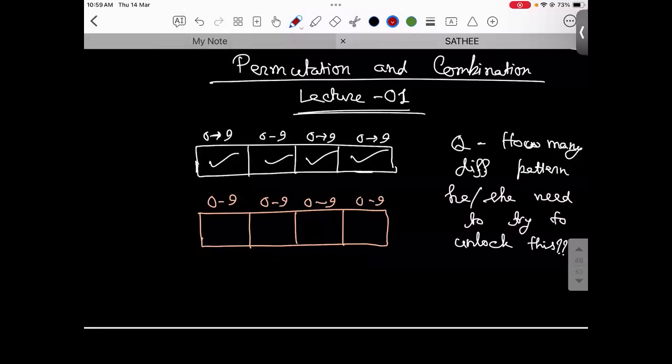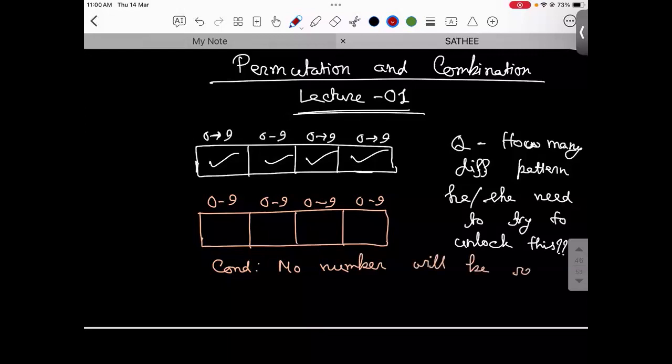Now here there is a condition: no number will be repeated. Now here you can see that I had 10 choices for each block.